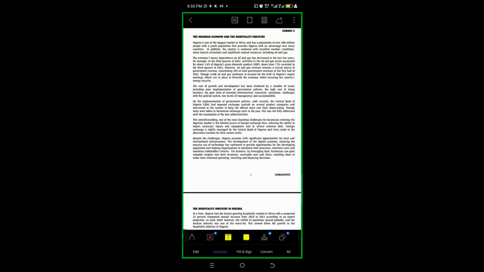But exhibit 2 also talks about some challenges, like cost pressures from inflation, which reduces the purchasing power of Nigerians, or of their potential customers. And there are also infrastructure gaps.